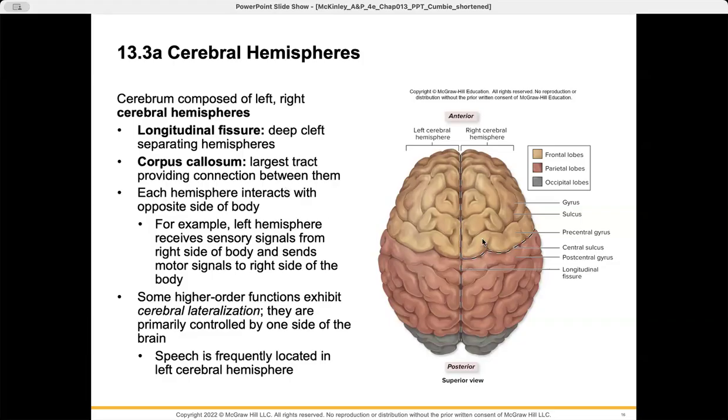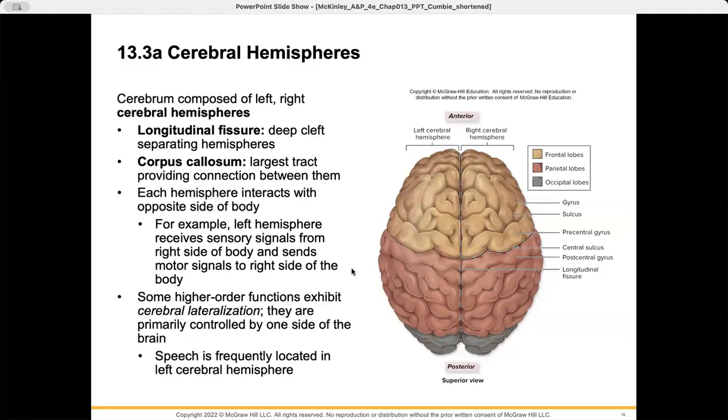And then we actually know that these 2 hemispheres communicate with each other. And this is through a tract. A tract is axons, right? And white matter, basically connecting these two together so they can communicate. And that connection is called corpus callosum. This allows them to send signals to each other.